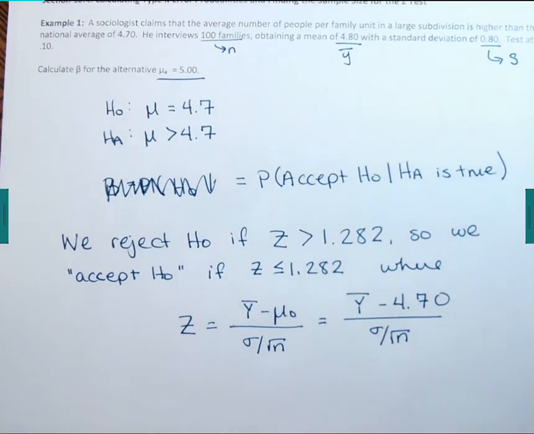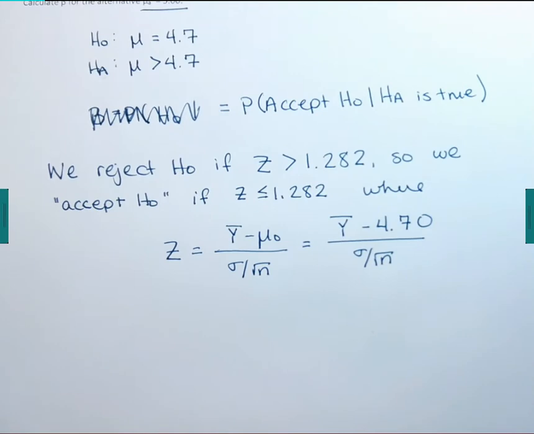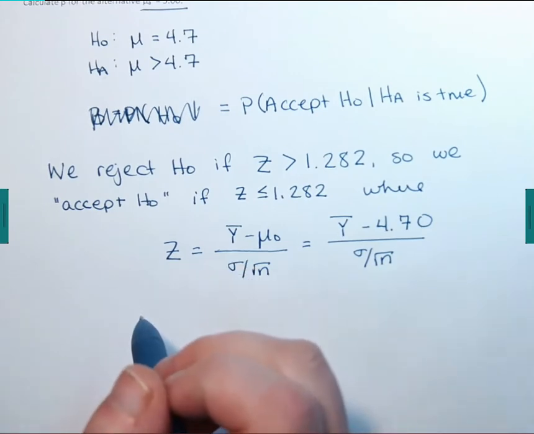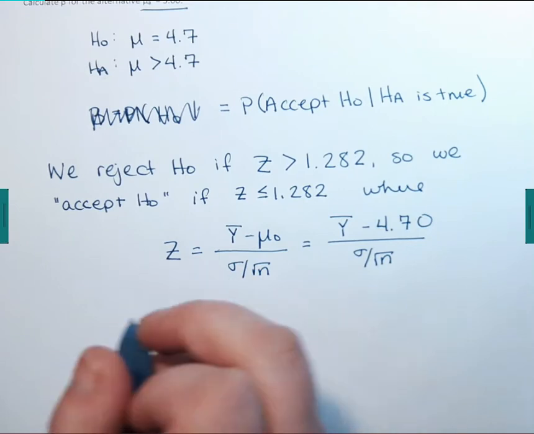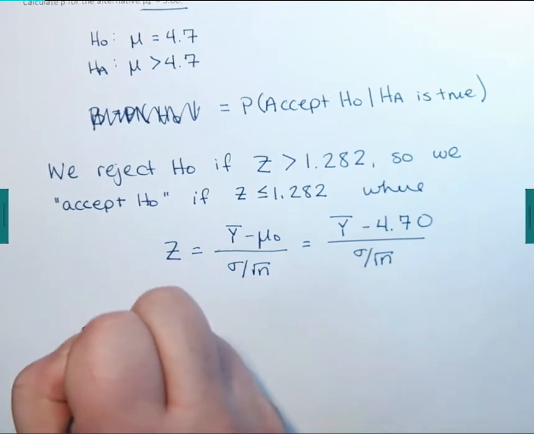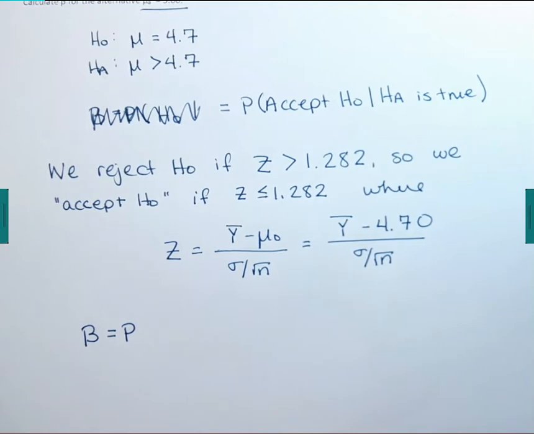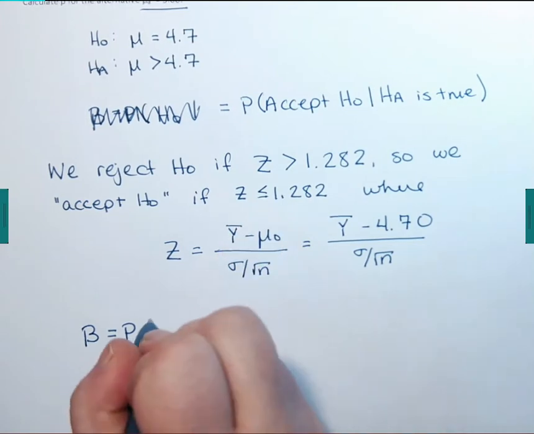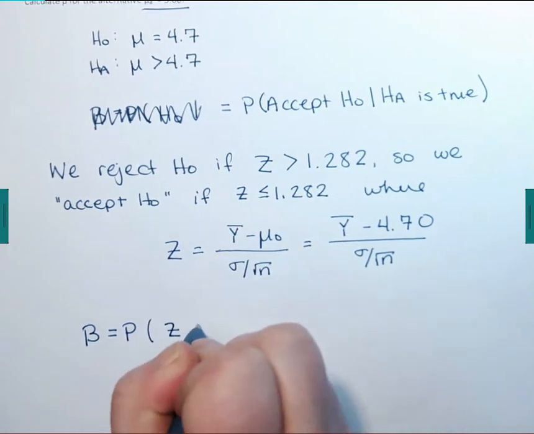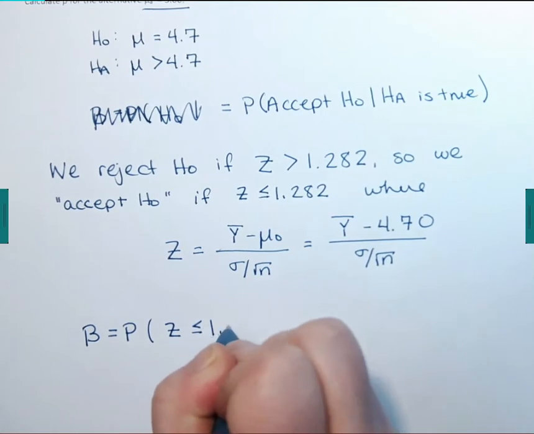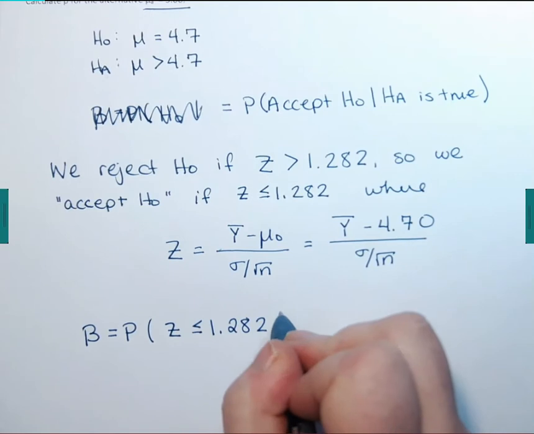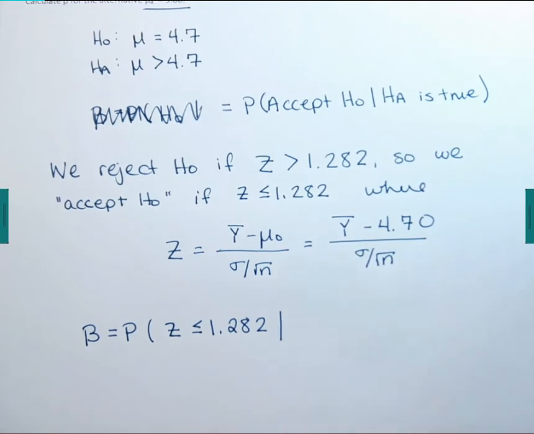All right, so we can use this information to help us write out what beta is. Again, remember that beta is equal to the probability that we accept the null. Well, the probability that we accept the null is when z is in this region. So this is going to be the probability that z is less than or equal to 1.282, given the alternative is true.